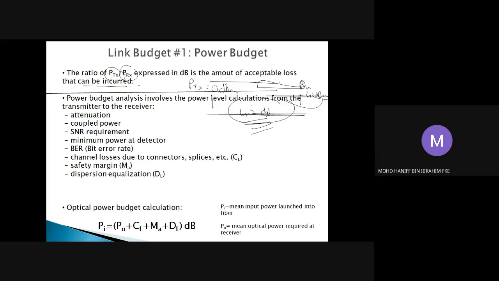For instance, if the transmit is 0 dBm and at the receive side the value is negative 30 dBm, it means that the signal can be recovered at the receiver side.